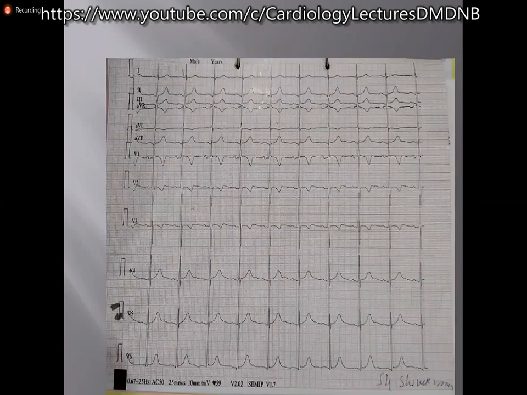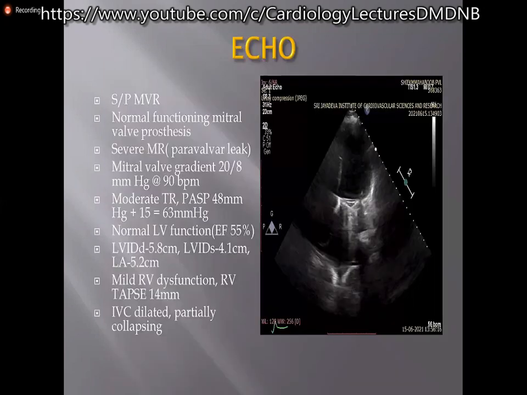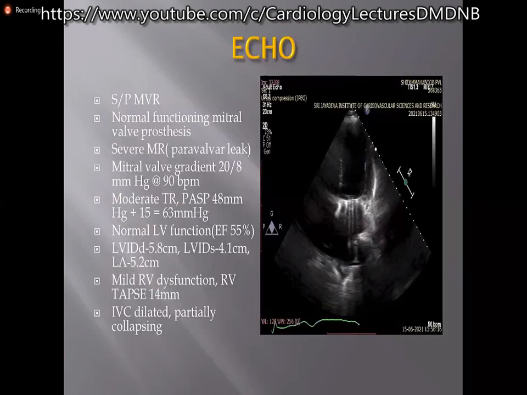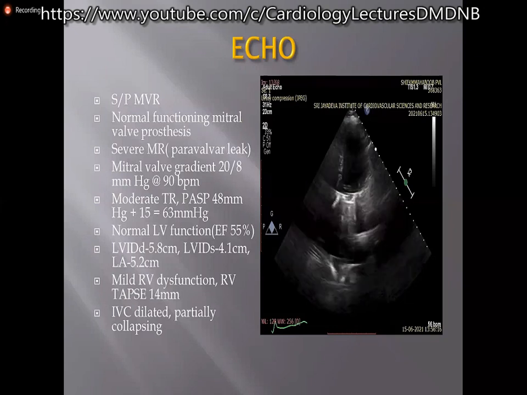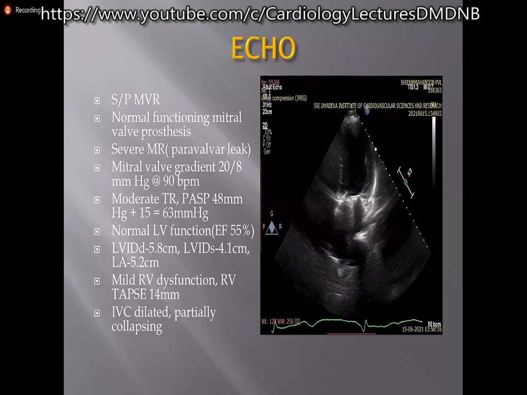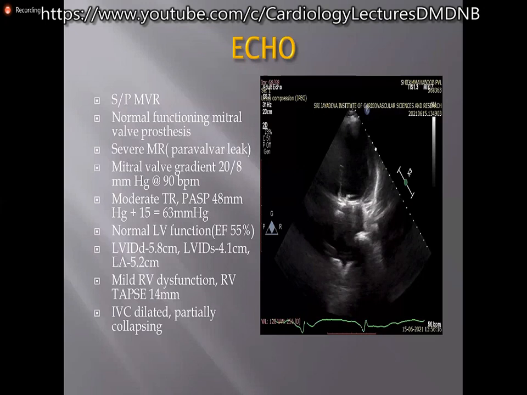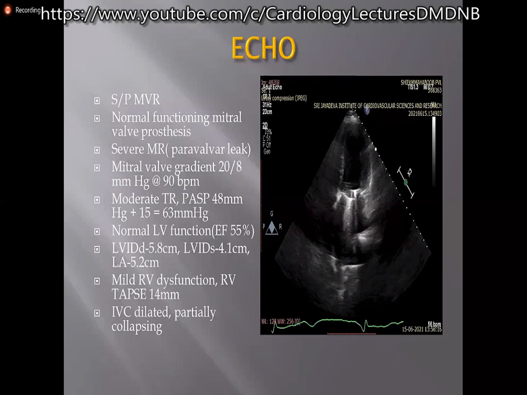And this is the echo. You can see here, of course, I will come back to color on transesophageal echo. On echo, the PASP was somewhere around 63, and the gradient was 20/8, and ejection fraction was okay, and LV dimensions, LVIDd was 5.8, LVIDs was 4.1, and IVC was dilated and partially collapsing.